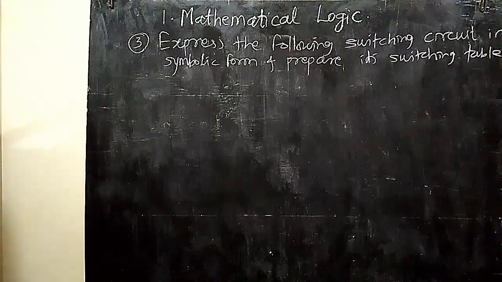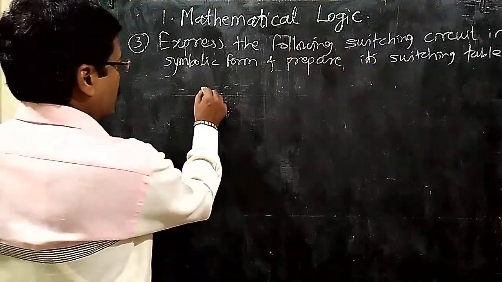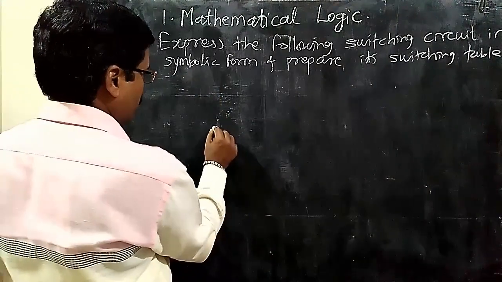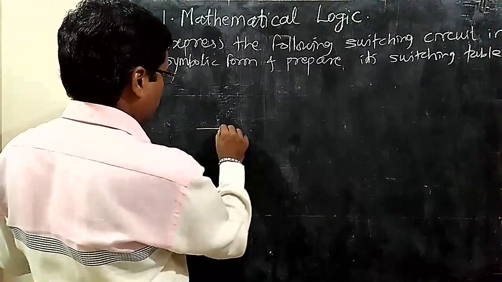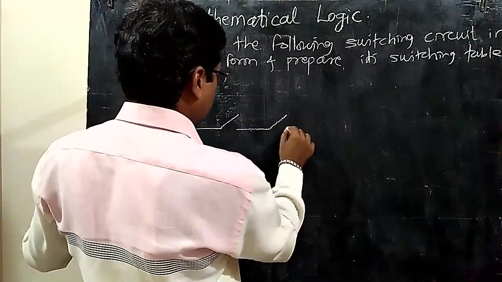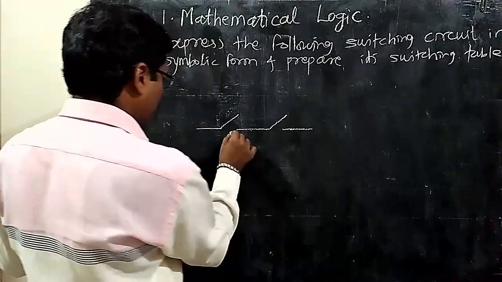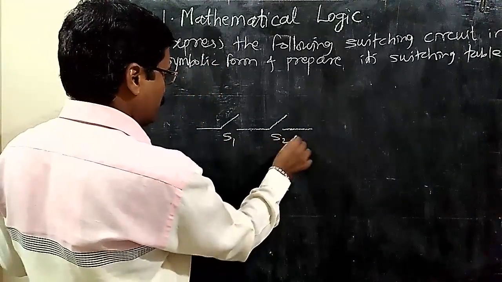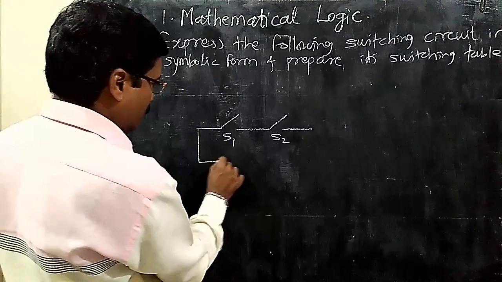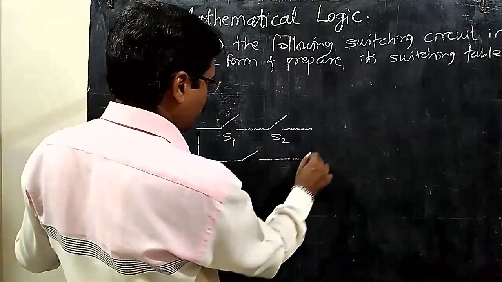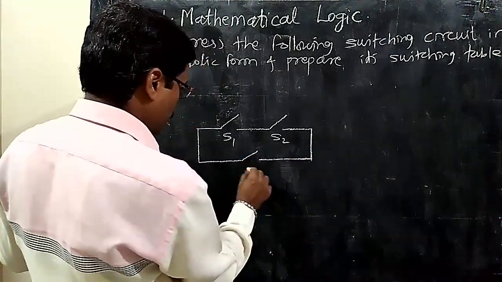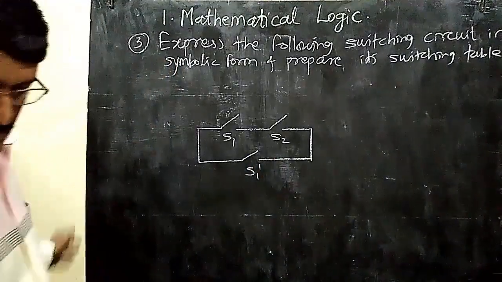Let us see the circuit. It includes 3 branches in parallel combination. In the first branch there are 2 switches, S1 and S2. In the second branch there is one switch, that is S1 dash.